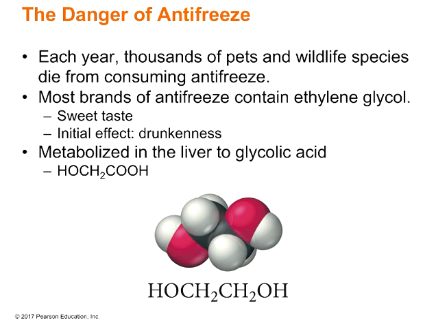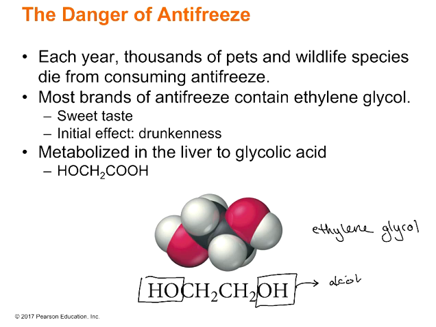So down below we have the structure of ethylene glycol. And you'll notice that there are two of these OH groups, and that indicates that we have an alcohol. So there's two of them present. And then when ethylene glycol is metabolized, so it's broken down in the liver, it turns into glycolic acid.